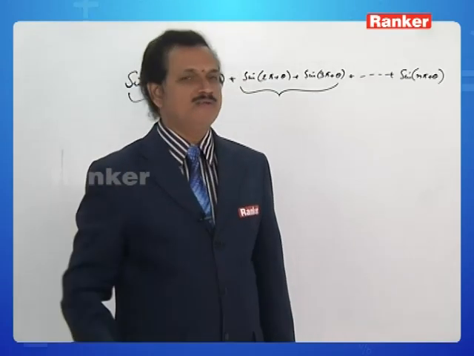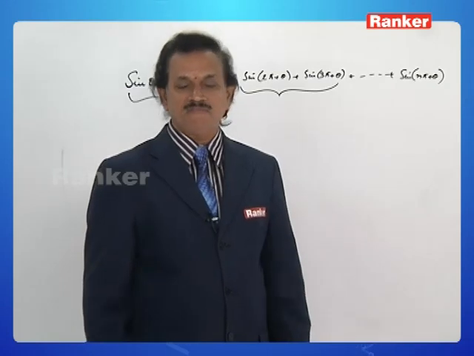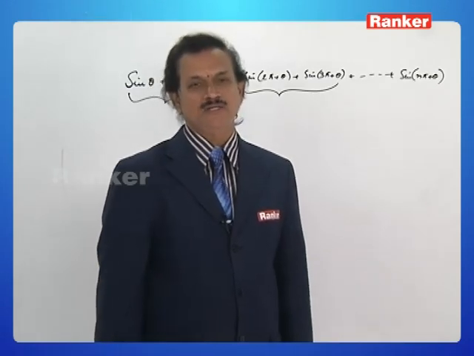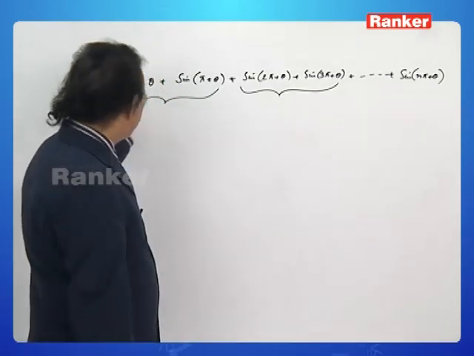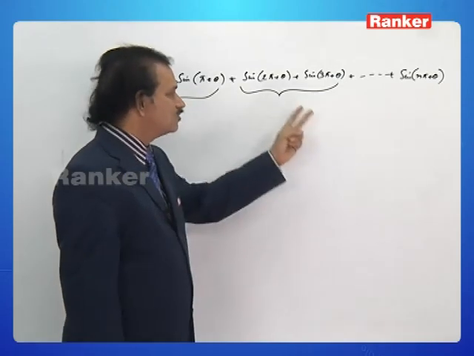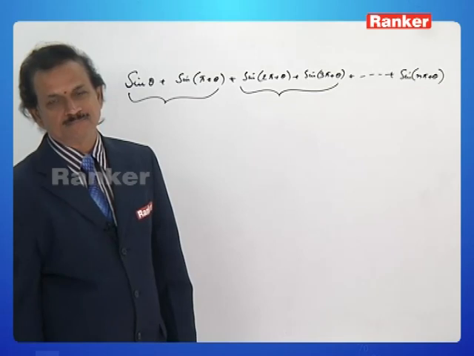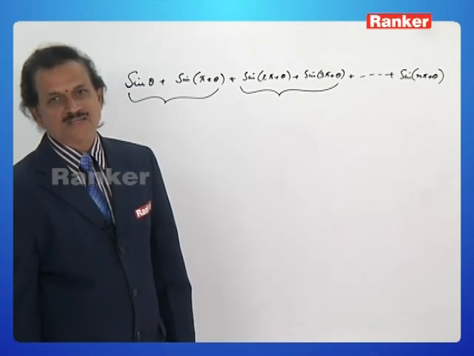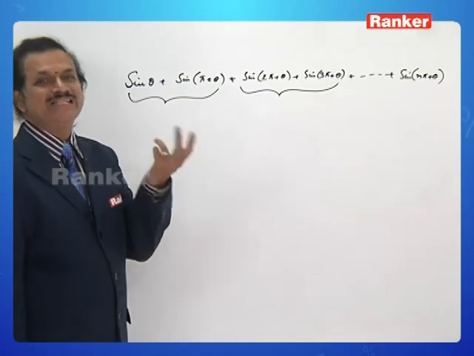About the nature of n only we can take the decision. If n is odd, something happens. If n is even, something happens. Suppose n is odd. N is odd means the number of terms in this sum is even. Two terms, nothing will remain. Answer is 0. Suppose n is even.